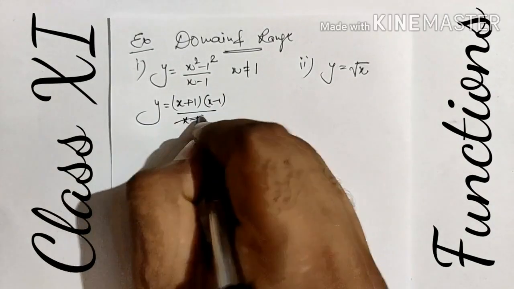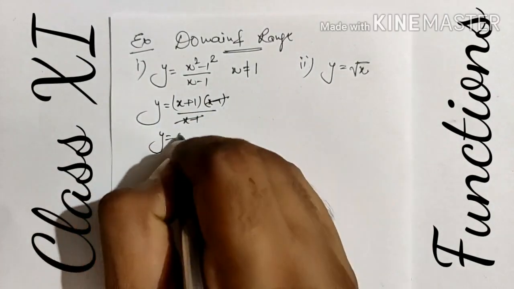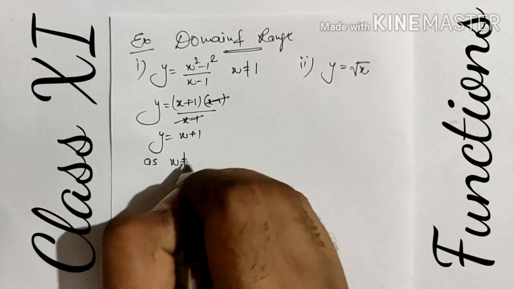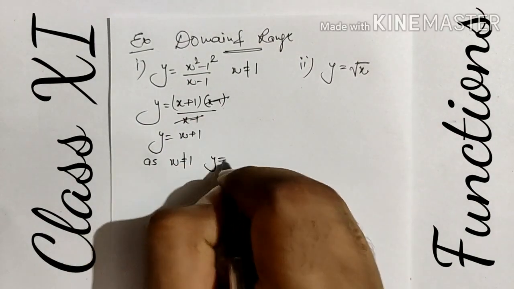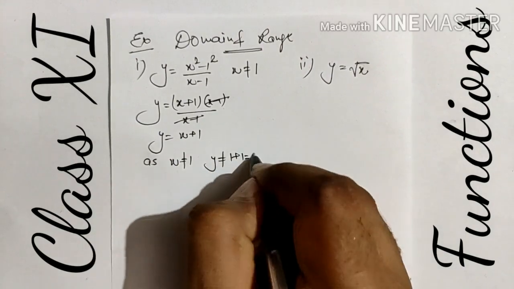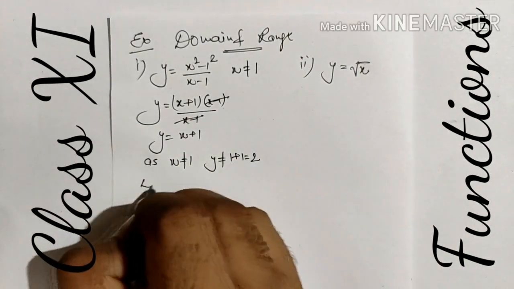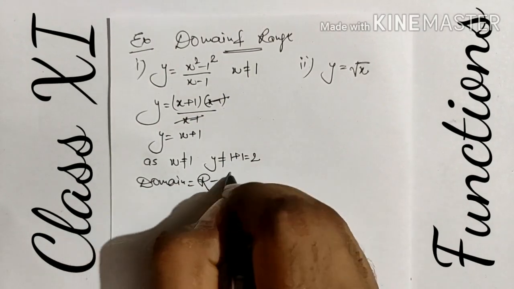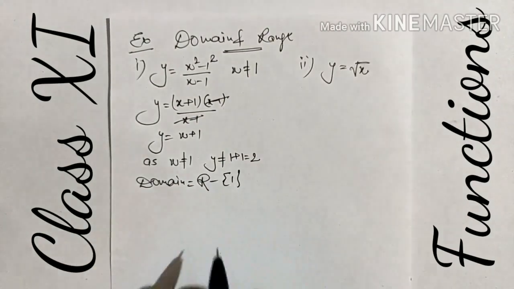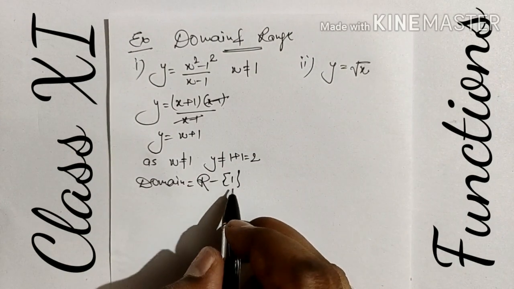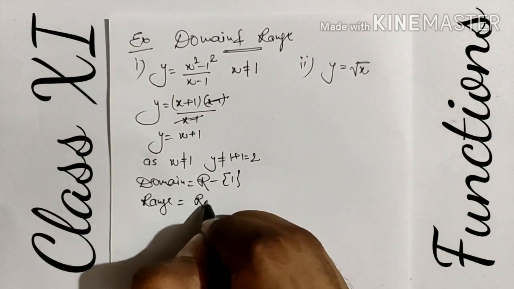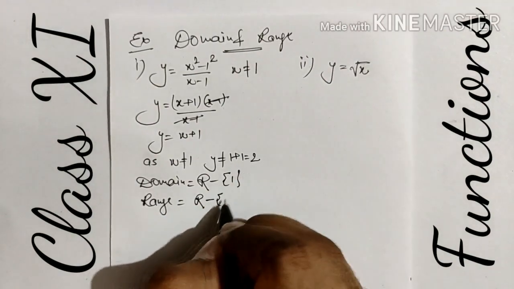Here x minus 1 cancels out, so the value of y becomes x plus 1. As it is given, x cannot be 1. It means y cannot be 1 plus 1, meaning 2. It means the domain is every real number but not 1. To remove a value, we use the set difference symbol. Range means the answer. Any answer may come but 2 cannot come.